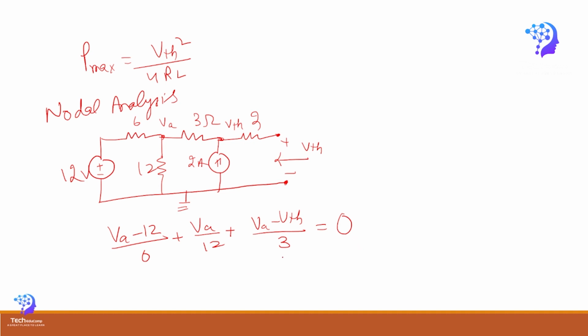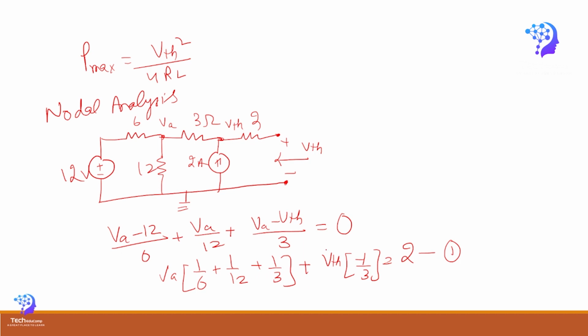From here, my VA times (1 by 6 plus 1 by 12 plus 1 by 3) plus VTH times (minus 1 by 3) equal to 2, because 12 minus 12 by 6 is minus 2. This will be equation number 1.